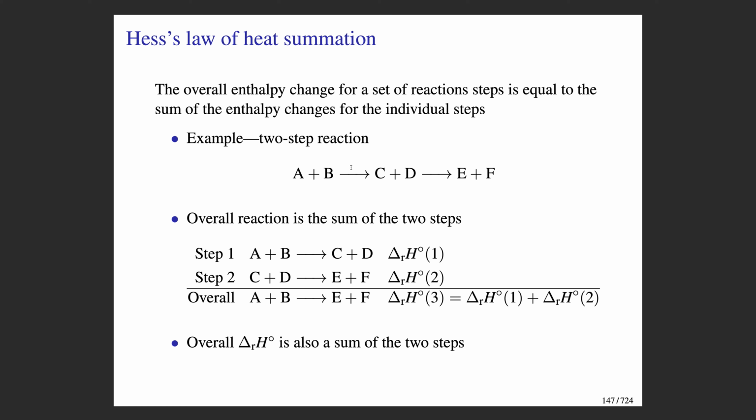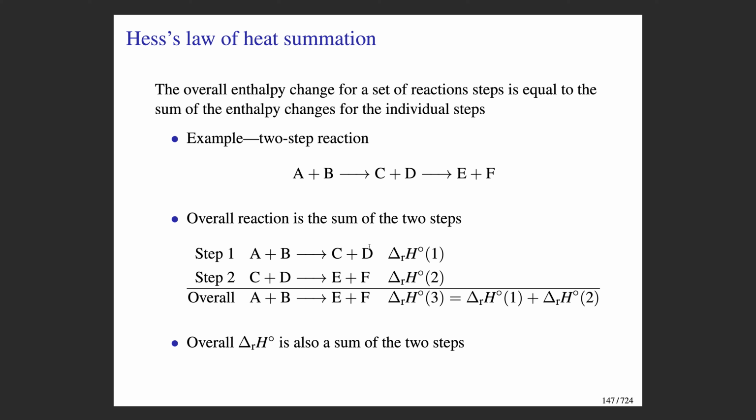A plus B going to C plus D and then to E plus F. Or you can consider A plus B to E plus F in 1 step. Hess's law tells us that the enthalpy change for the overall reaction is just a sum of the enthalpy change for the different steps. And so you can imagine taking reaction 1 and adding it to reaction 2.